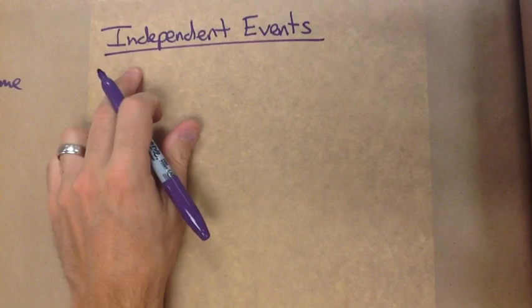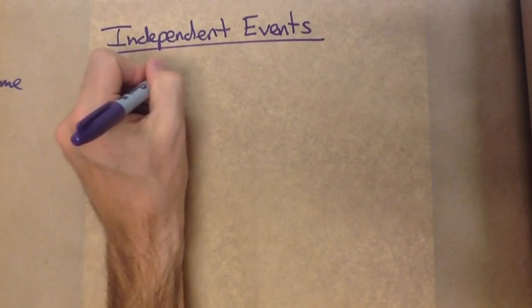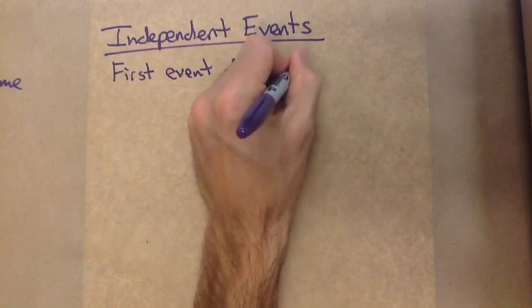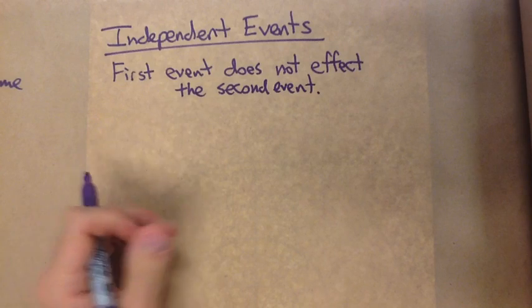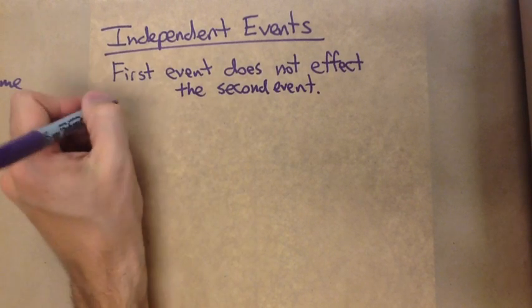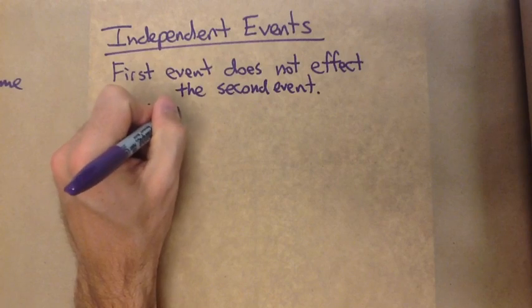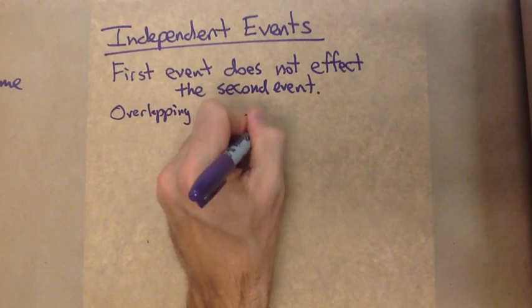The next one we have to look at is independent events. And this is where the first event does not affect the second event. So we could have them both occur. And we also may see these referred to as overlapping. Now in this case, the and is possible.